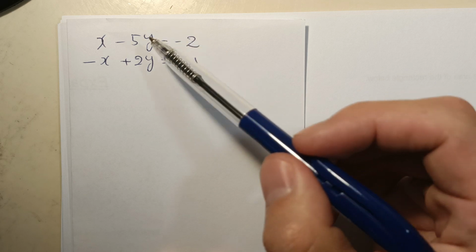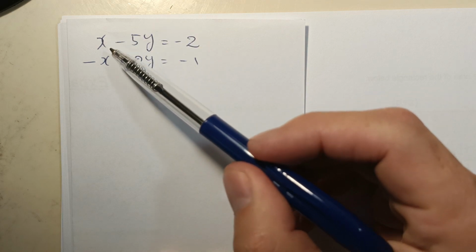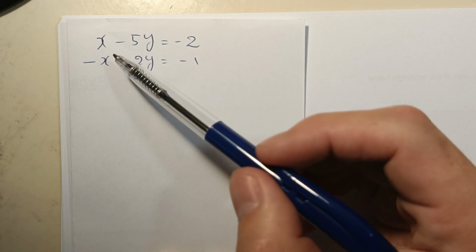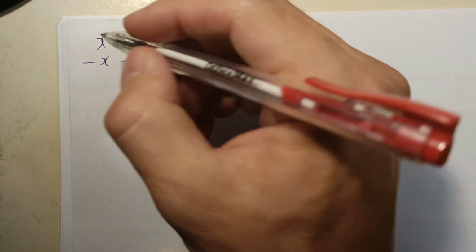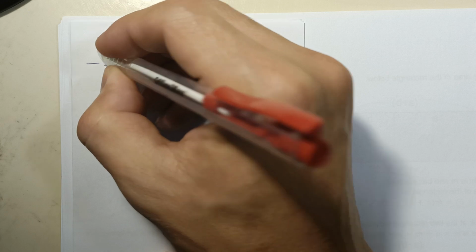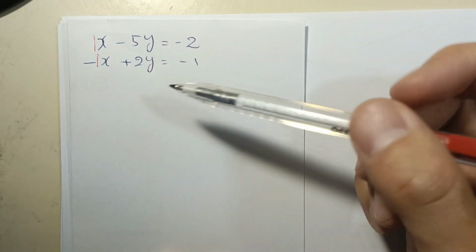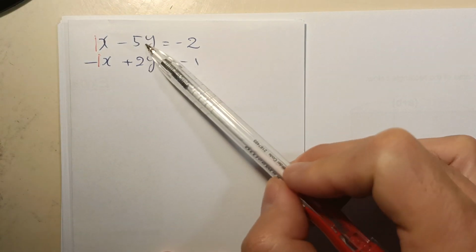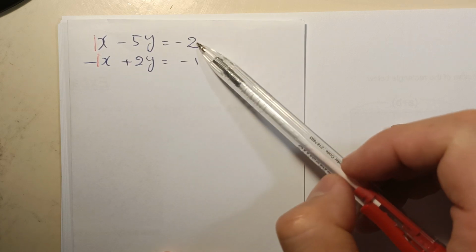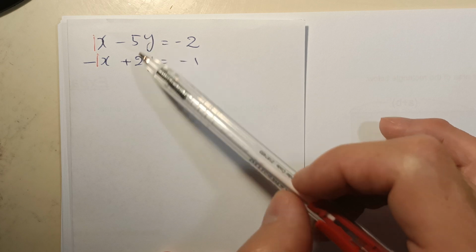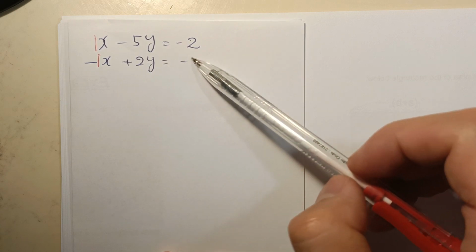In this case, you look at x here. The key point is the coefficient of x is almost the same. This is 1 and this is negative 1. The equation's left side value and right side value are exactly the same, isn't it? So this value and this value is the same.